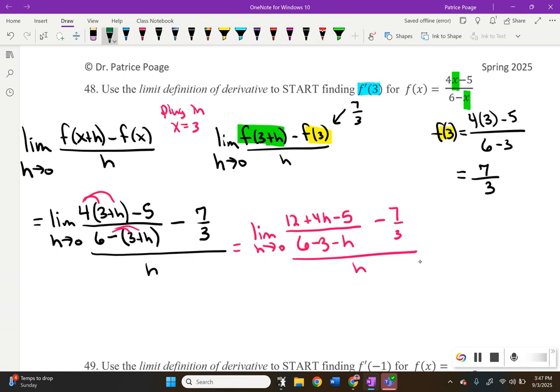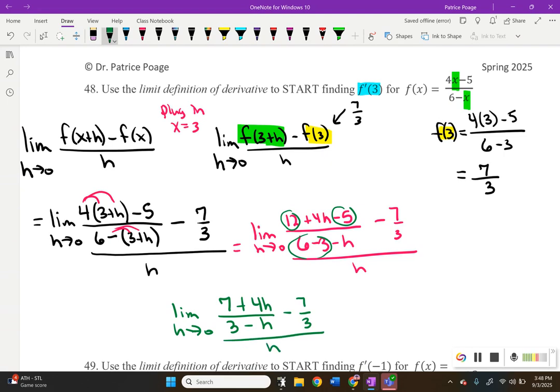And the last thing I can do is combine some terms. So the limit as h goes to 0, 12 minus 5 is 7 plus 4h over 6 minus 3 is 3 minus h minus 7/3 over h. And that's as far as I can go without getting a common denominator in the numerator.